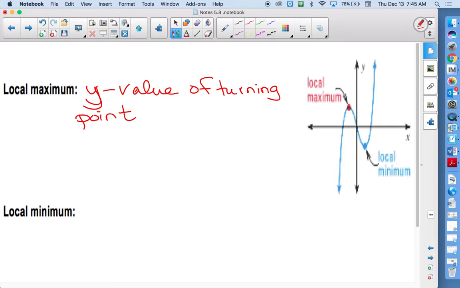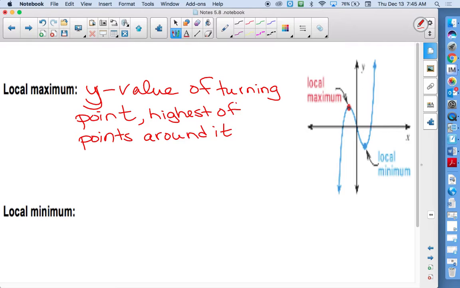So the y value of the turning point, and she said it's the highest of the points around it. And there's a little diagram, and in that diagram you see it's like at the peak.